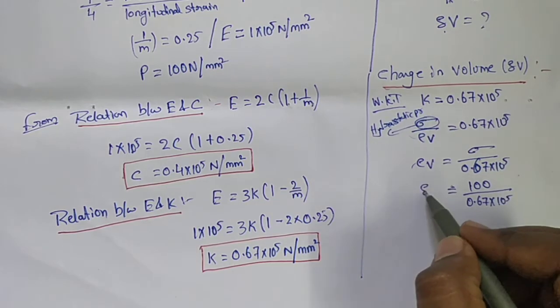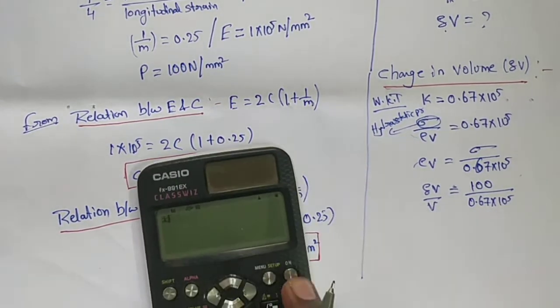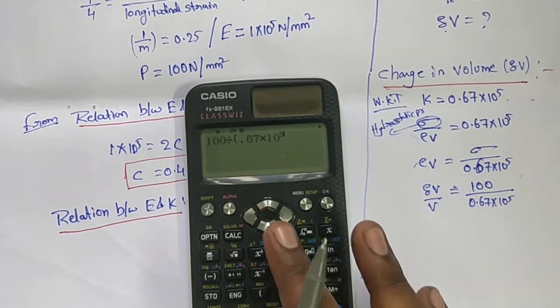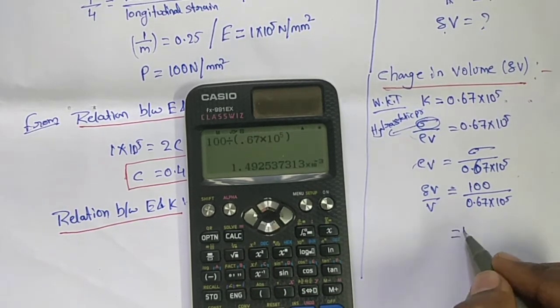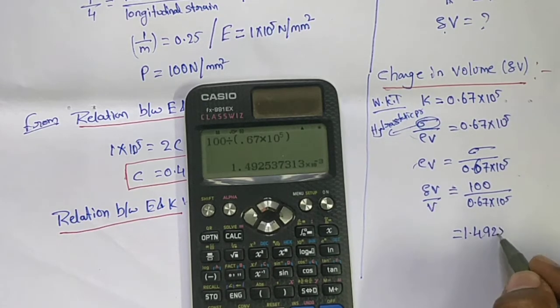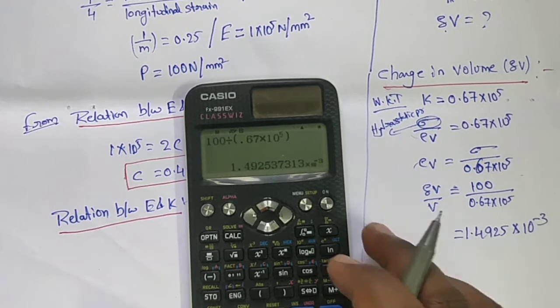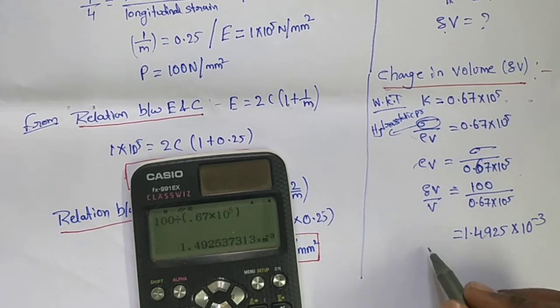The change in volume can be written as delta V by V. Simplifying the above equation, 100 divided by 0.67 into 10 power 5, we get the value of volumetric strain as 1.4925 into 10 power minus 3.